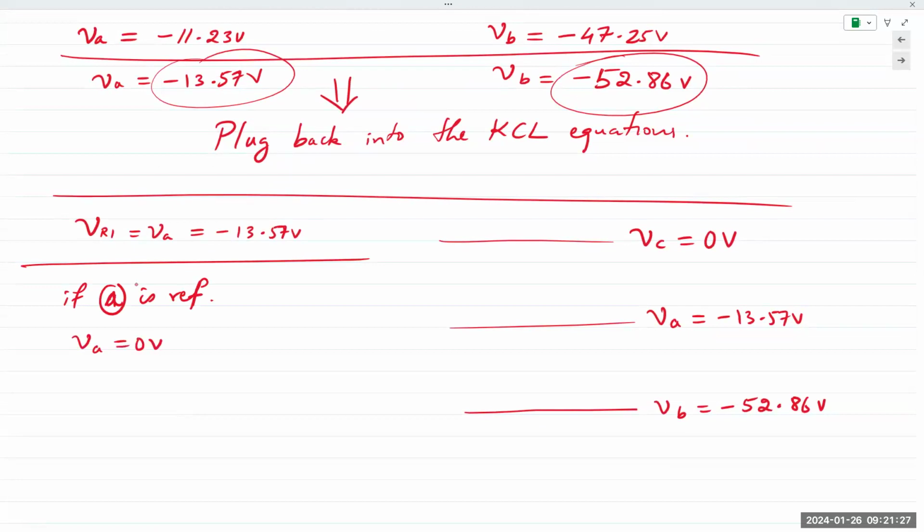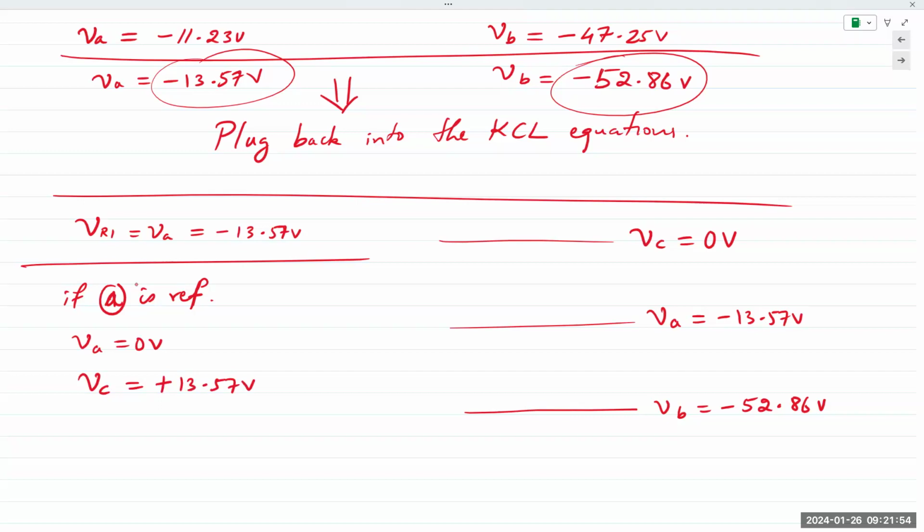What would be VC? The difference between A and C doesn't change. VA is below VC, so VA is 0 and VC is above by 13.57. In that case, your answer would still be correct, but it'll be plus 13.57.